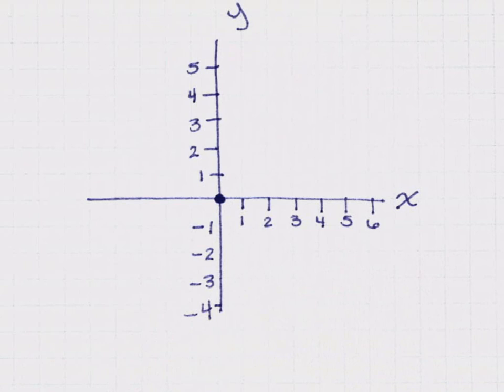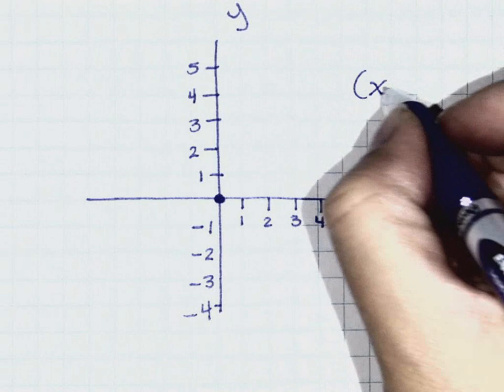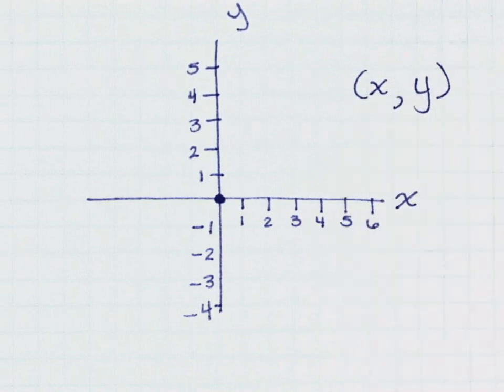You guys probably did some graphing in grade 8 and grade 7? Has anybody graphed? Okay, you did a little bit of graphing, which is awesome. So we know a little bit about this. We always graph first the x, then the y.